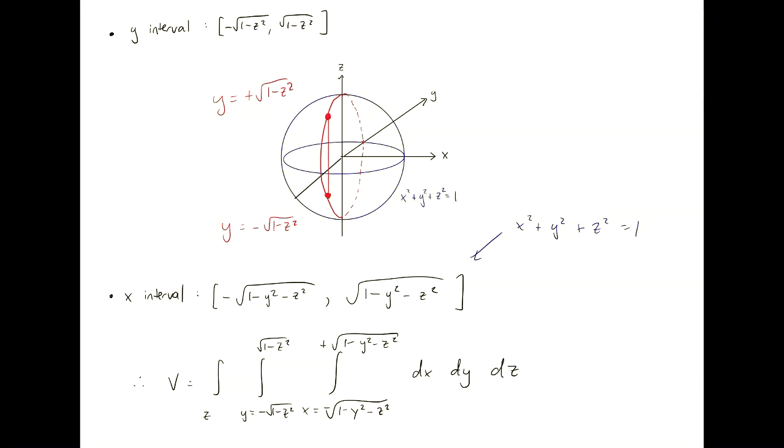And z is fixed from -1 to 1. So x is allowed to depend on the other two in just the way that the function tells us it should if we're on the boundary. Y is restricted to this horizontal line, and it can go from -1, that thing, to that thing. And z can go from -1 to 1.